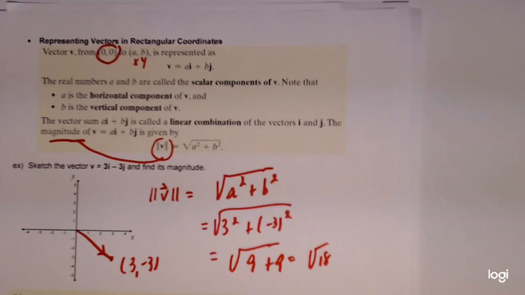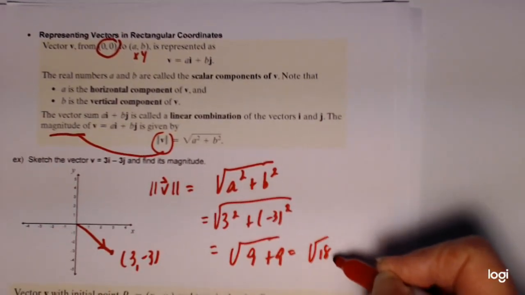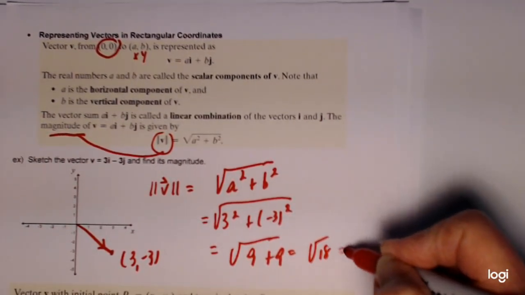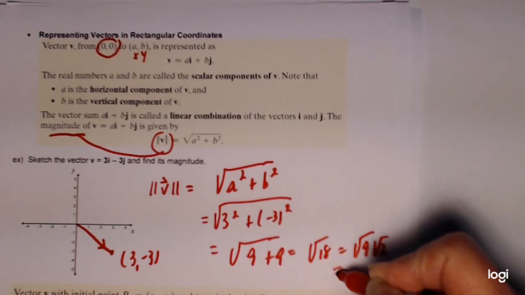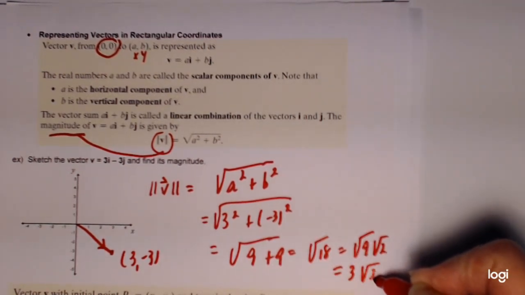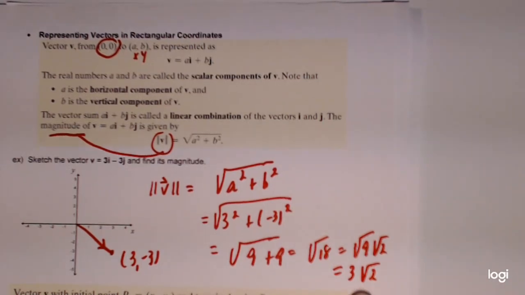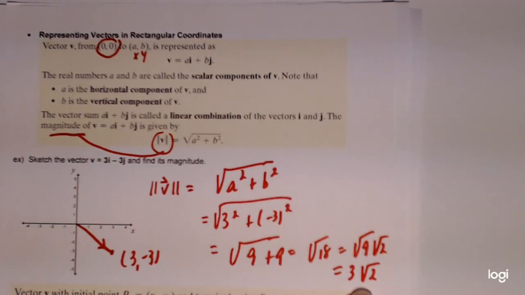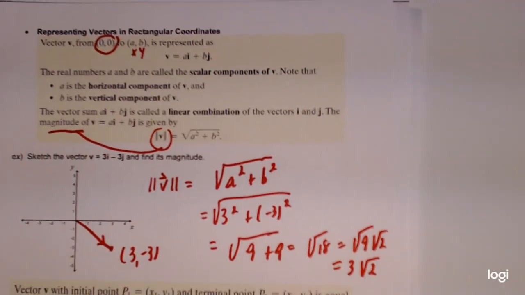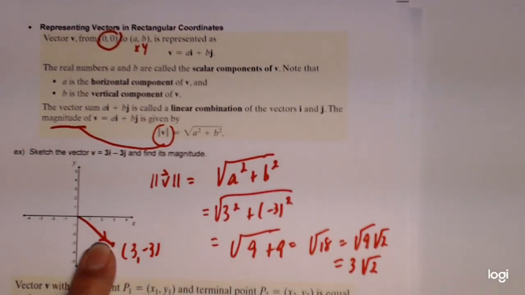And we can simplify this. So 18 is 9 times 2. Square root 9, square root 2, which would be 3 square root 2. So the magnitude of this vector V is 3 times the square root of 2. So again, magnitude, that's the length of this. And we've shown the picture of this.